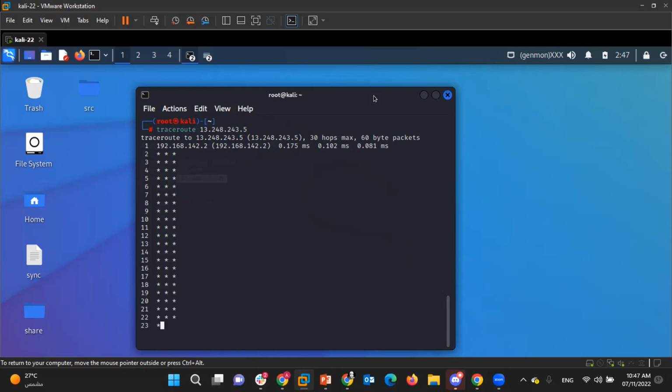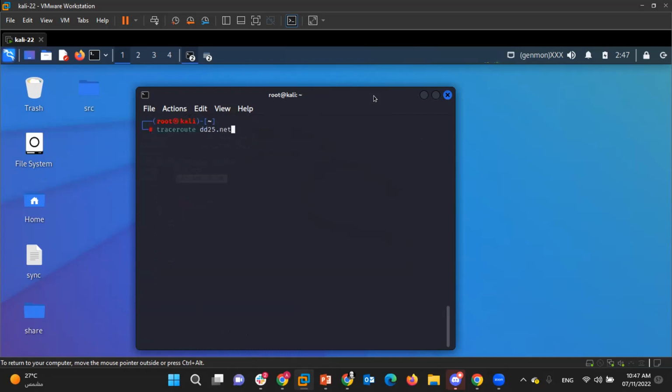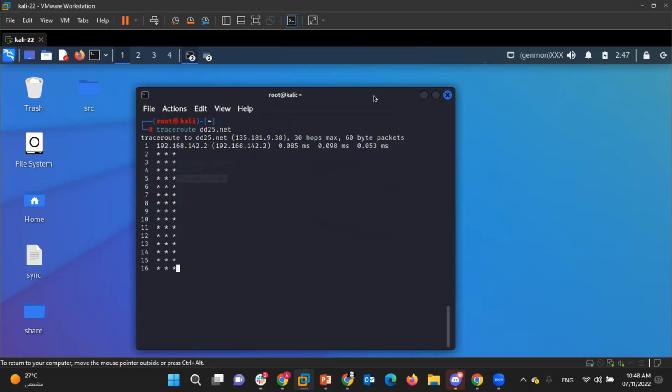Okay, let us try port 25. Here they inform us it is closed, just directly. No tracing. So there is no way to use traceroute for this.